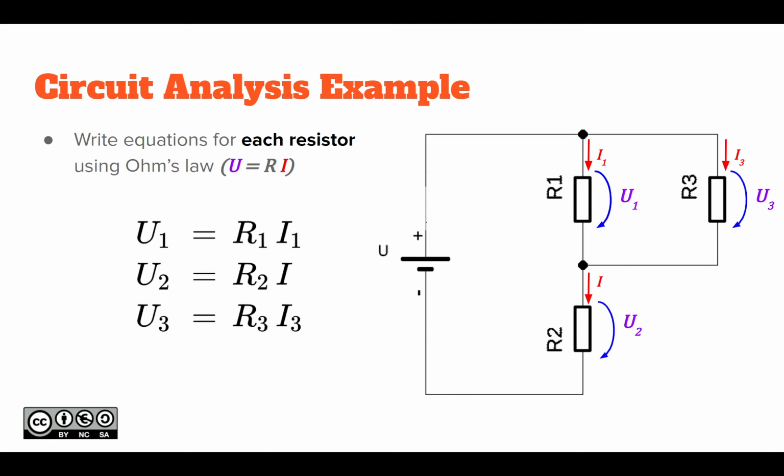U equals R times I, and we had those currents I1, I3, I, and resistors R1, R2, R3, and they generate a voltage drop in that direction, which are U1, which is equal to R1 times I1, U3 is R3 times I3, and then U2 is R2 times I. Those three equations.